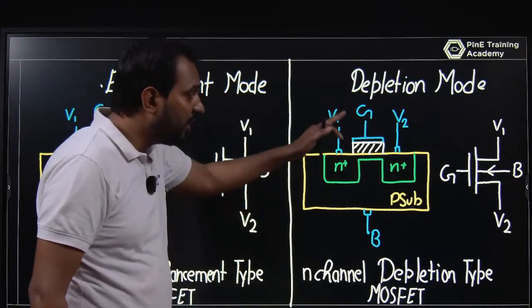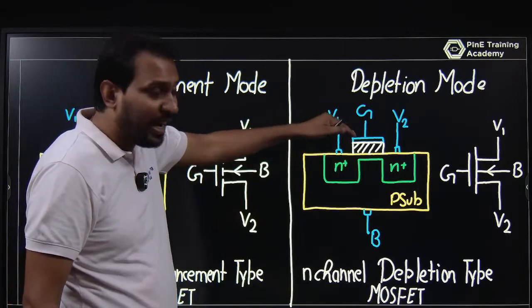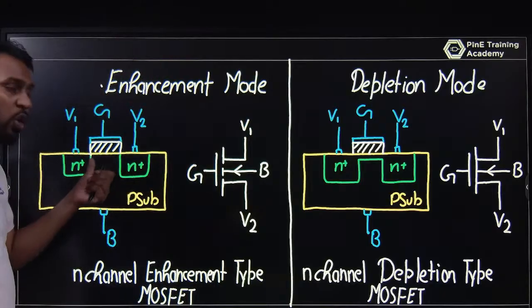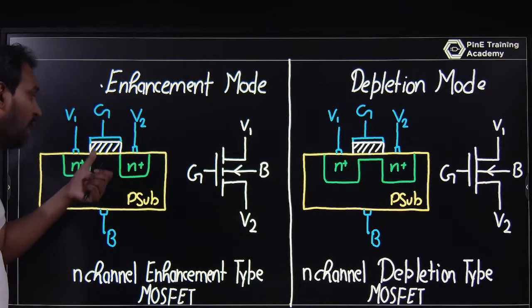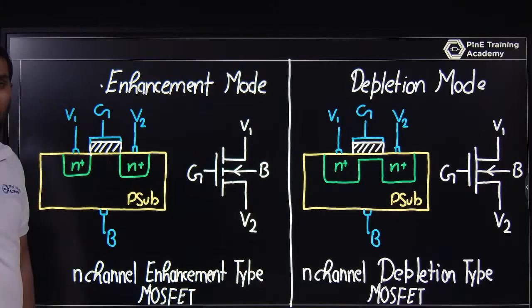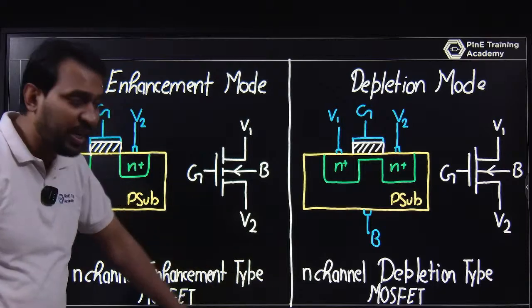But if VGS is equal to 0, the current ID will flow here. But here in the enhancement type, the channel is not present. To form the channel, VGS should form the inversion layer. How it will be formed, we will discuss. But firstly, understand the enhancement mode and depletion type MOSFET.